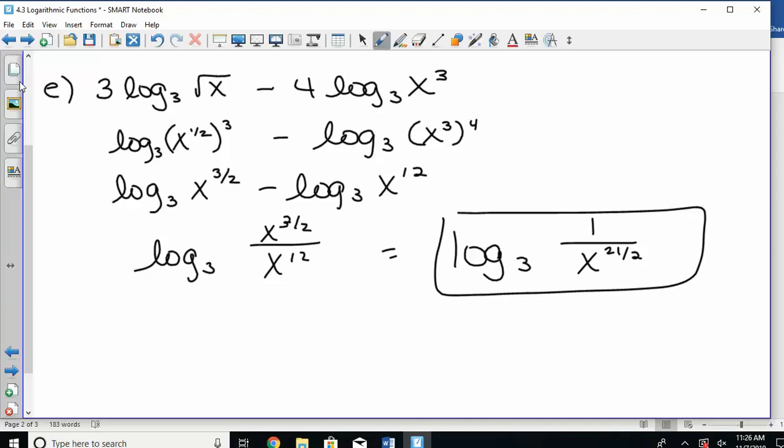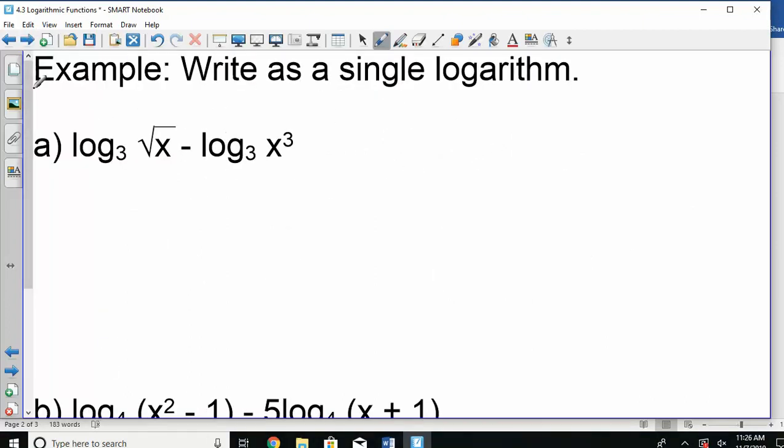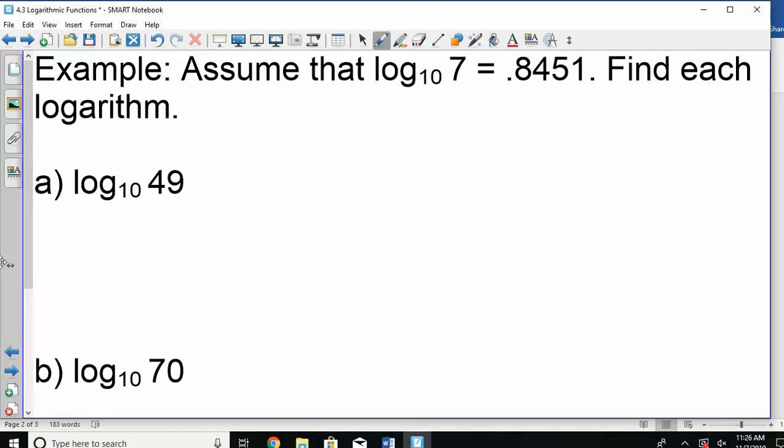I'm going to give you a sample problem here so we can talk about that. We're going to skip that. We're going to go to this. So assume that log base 10 of 7 is 0.8451. I want you to use that to find each of the following. So that means you can't just write down a final answer. You have to show me your work so I know how you got there.